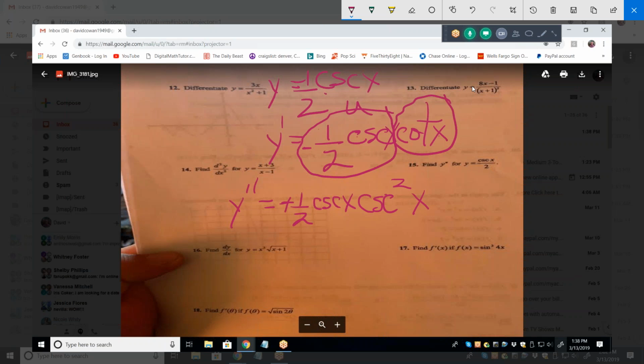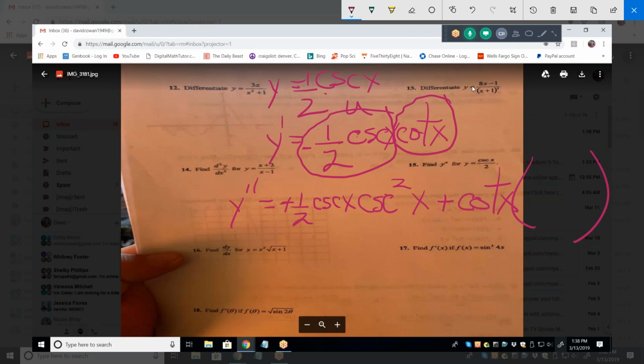Okay. So we just did u v prime, and now we've got to do v u prime. So plus cotangent x, the easy part, times negative 1/2 cosecant x cotangent x.